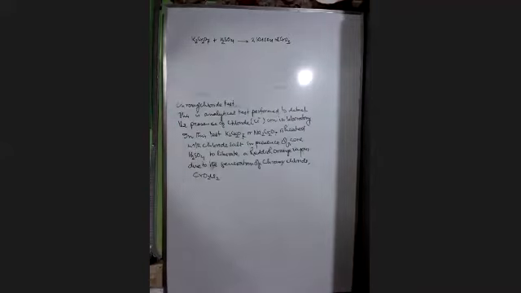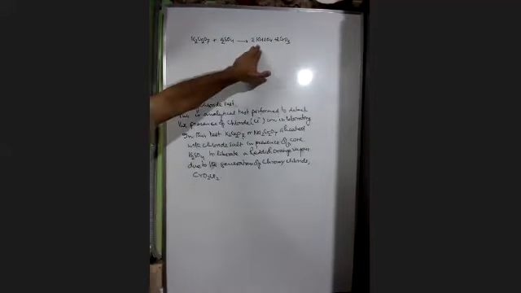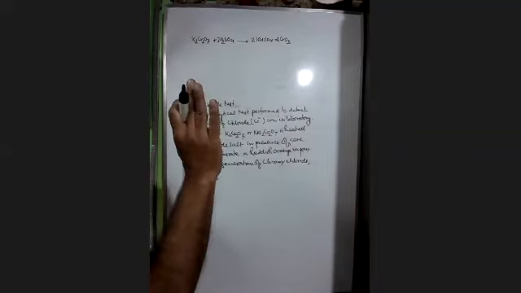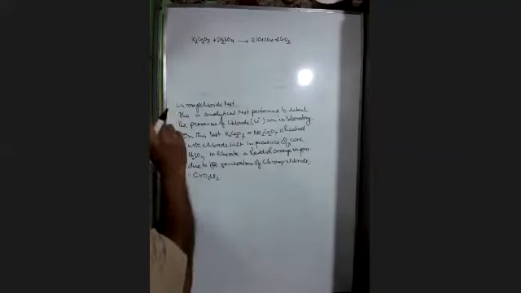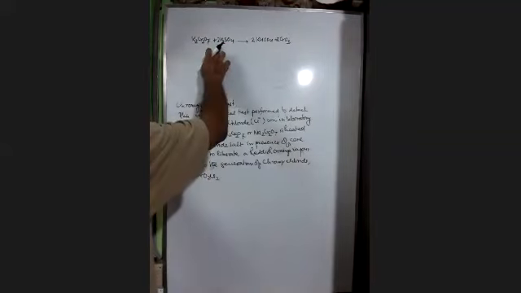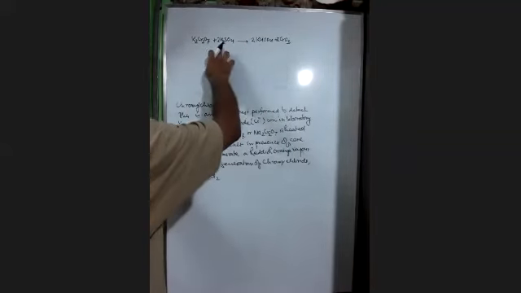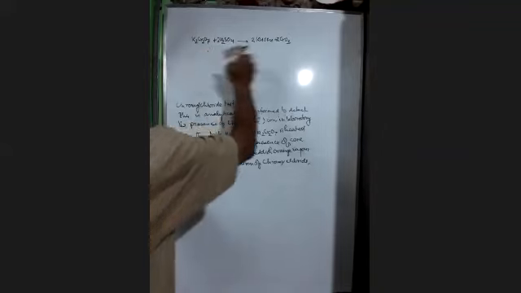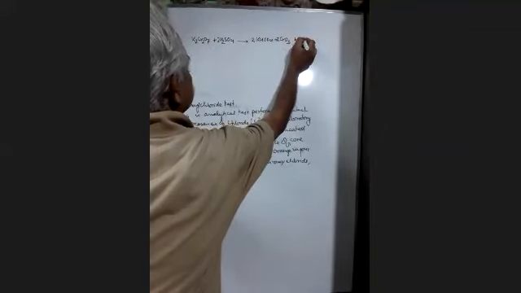Let us see whether I balanced or not, because I did this equation a long time back and may be wrong. 2 potassium, 2 potassium. 2 chromium, 2 chromium. How many sulfate? It should be 2. So what am I supposed to balance here? The oxygen and hydrogen. Here oxygen is 7, there it is 6. Of 4 hydrogen, here there are 2. I have to balance 2 more hydrogen and 1 oxygen. I write here H2O.